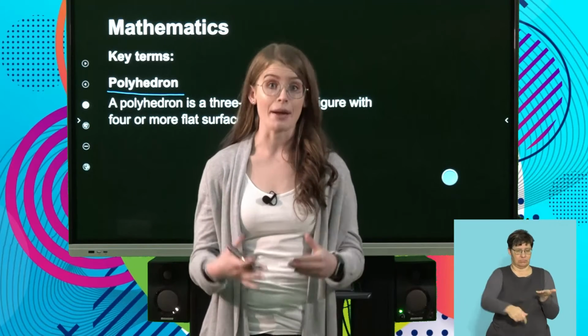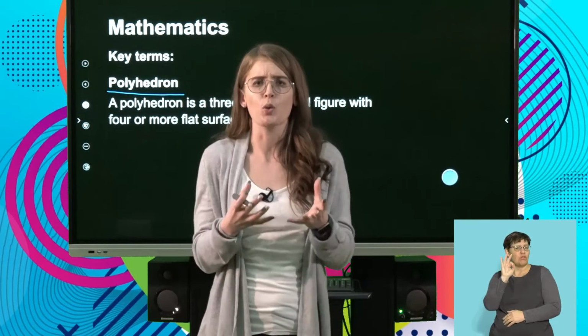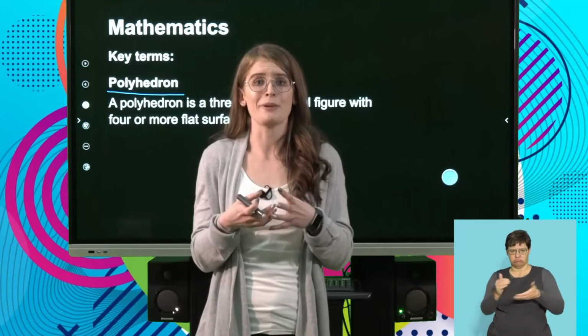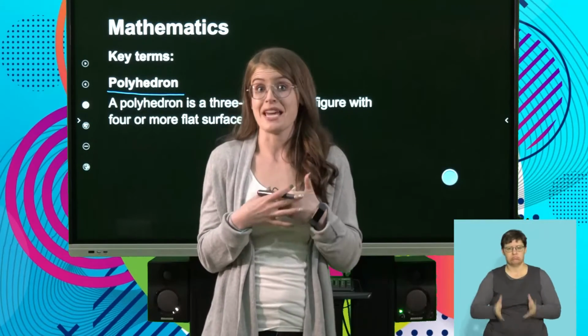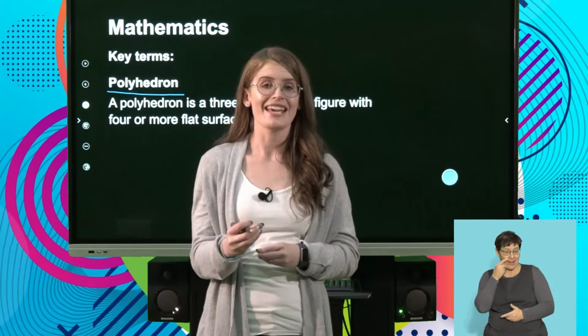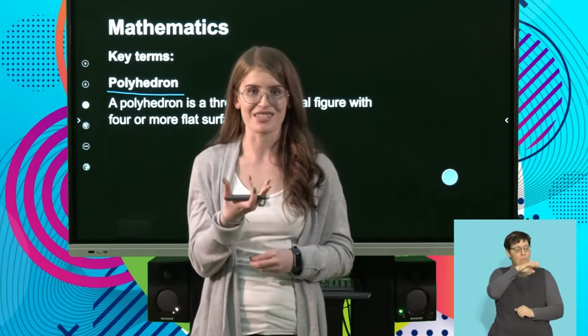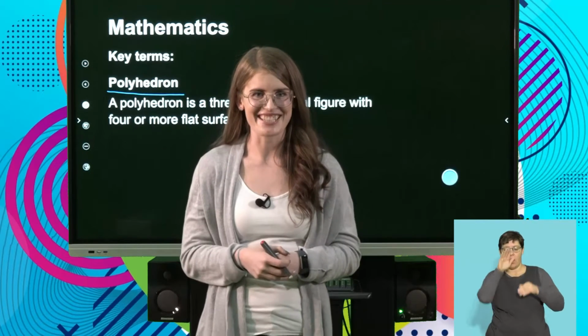That is two-dimensional. Three-dimensional shapes are essentially shapes that I could hold. So it could be a ball, it could be a can of beans, could be a box of chocolates. But essentially, a polyhedron is a three-dimensional shape that has multiple surfaces. Great, let's go to the next slide.